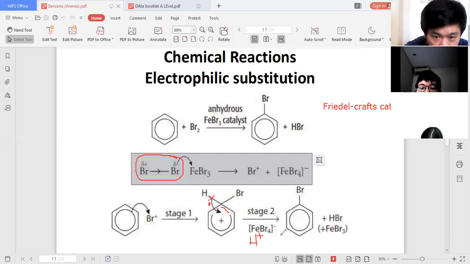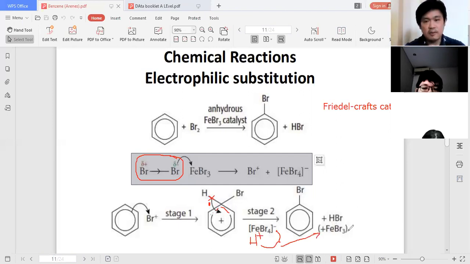Then the product will be HBr and FeBr3. While the Br is attached to the benzene ring, this one is bromobenzene. This is called the halogenation reaction of benzene.